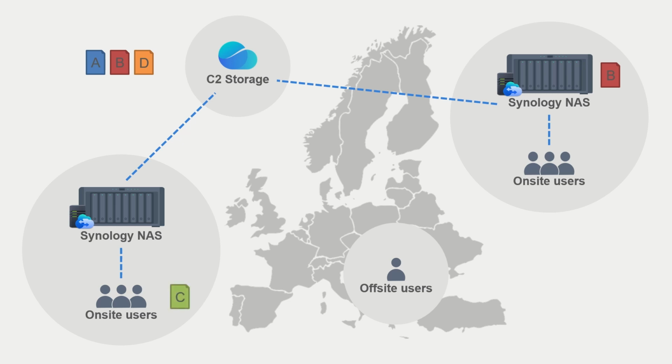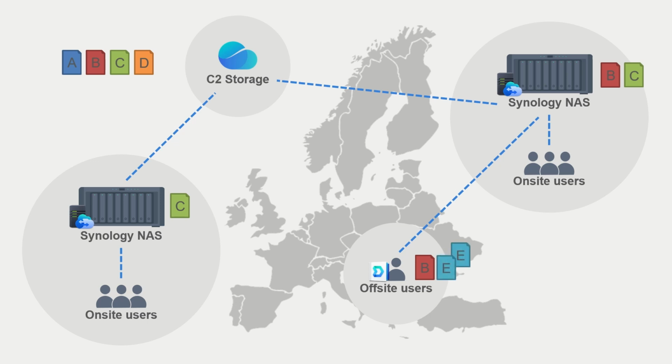Any changes or new data that is created on one side will first be brought into the local cache and then sent up to C2 and made available to other sites on demand should they ever need access to that data. Likewise, the remote users can still interact with the Synology NAS that is closer to them through Synology Drive, because Hybrid Share can be woven into the Synology Drive platform to allow these remote users to access the Synology Drive web portal or to set up direct sync tasks to those Synology NAS.